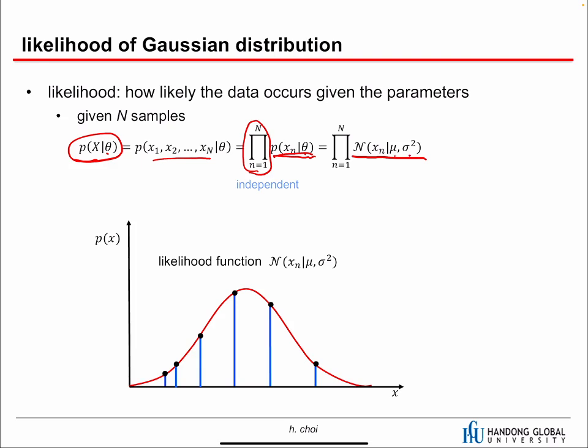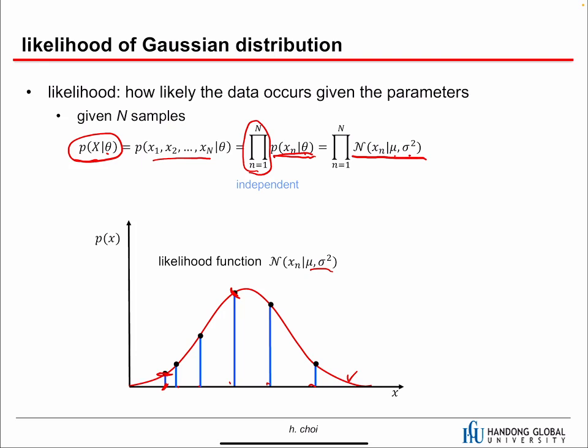Then given these specific values, let's assume that this is our distribution. And if we have samples like this, this one is not likely. If we draw some random samples from this distribution and the sample is here, this one is not likely, but it's possible. This one is a lot more likely.